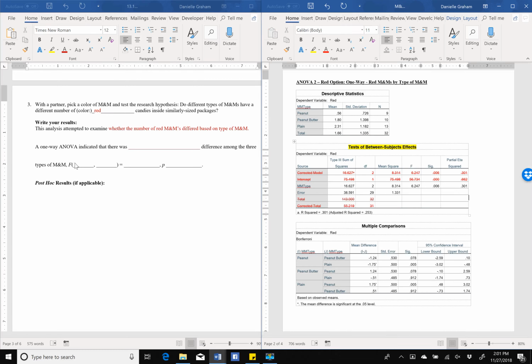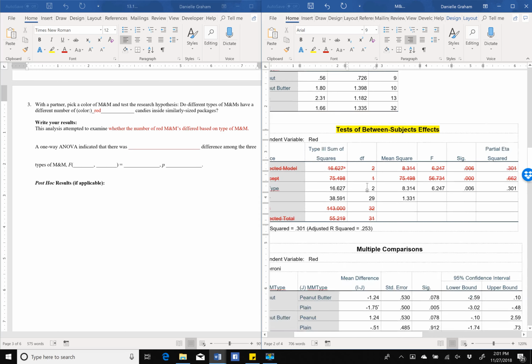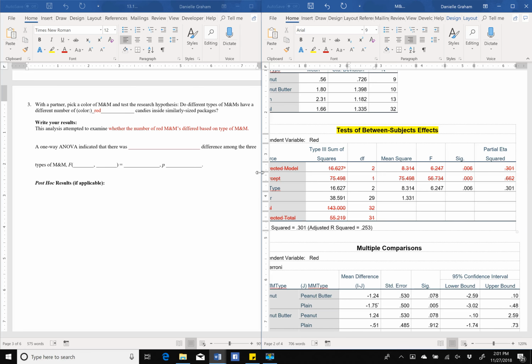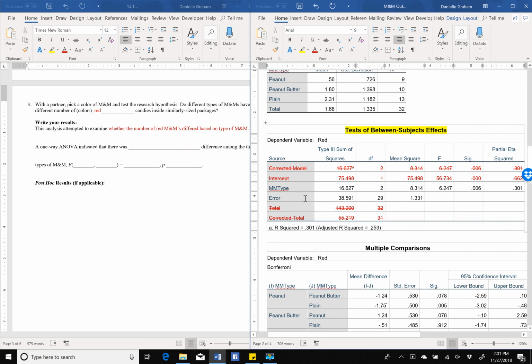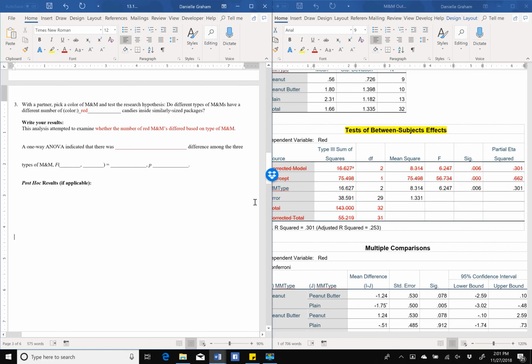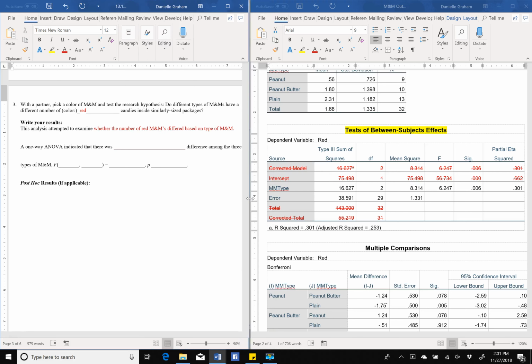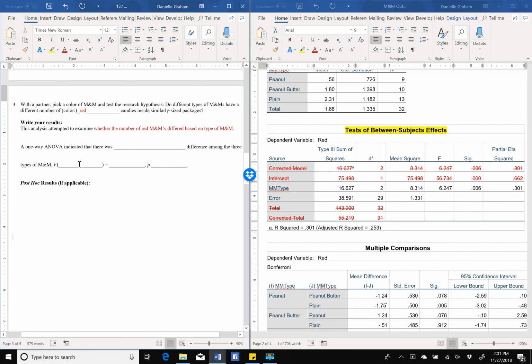The degrees of freedom that go in our F, before and after the comma in our parentheses: the first one is the degrees of freedom for M&M type. That's our independent variable in this case. So our first one is going to be the degrees of freedom for M&M type, which we see is 2.